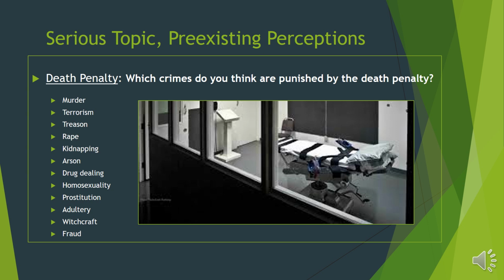So generally we start with the individual characteristics and we think to ourselves, well, what do I personally feel about the death penalty? Which crimes do I personally think, or do you think, should be punishable by death? None, of course, or any sort of mixture of the following: murder, terrorism, treason, rape, kidnapping, and so on.